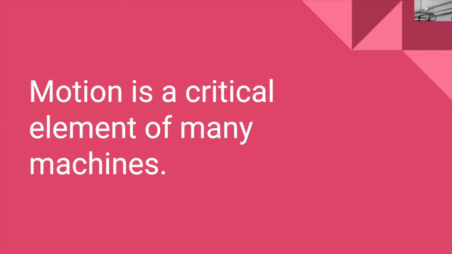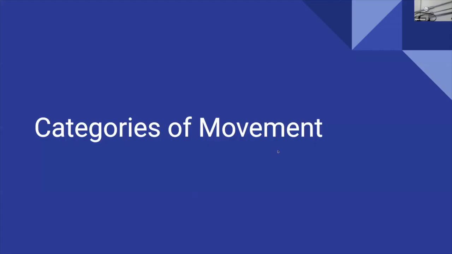Motion is a critical element of almost any machine. Exceptions are like the ones that Vincent and I were working on, where it's just trying to open a door. If you've got something that's just an electronics project, it may or may not need to move at all. But for most of the CNC machines that we're going to be working with, motion is a big part.